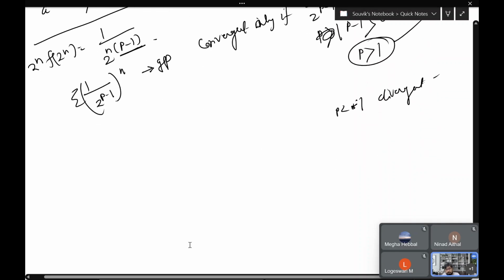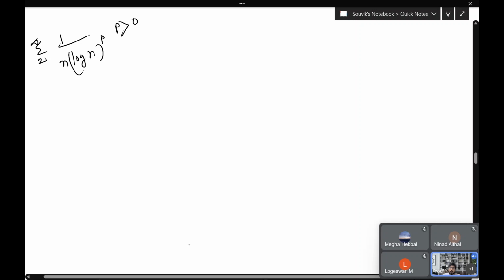So now, consider the convergence of the following. Comment on the convergence of summation from 2 to infinity of 1 by (n log n) whole to the power p, p greater than 1. Comment on the convergence of this series.